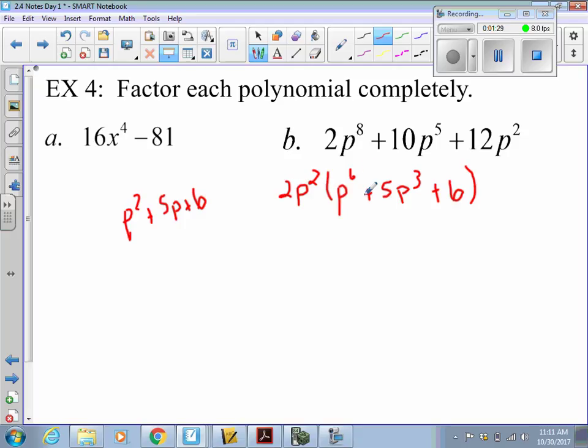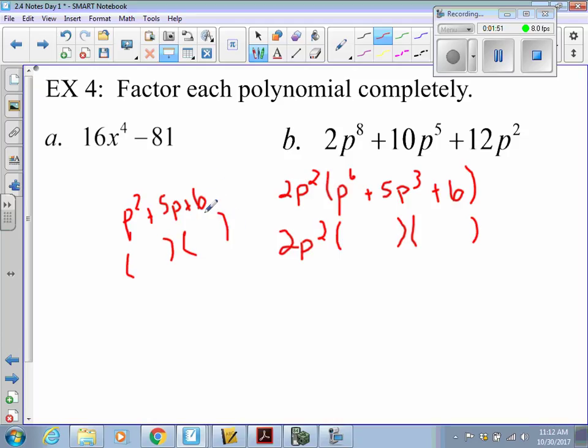Okay, so here I'm going to rewrite 2p squared because we got to keep that there. And then remember, we need 2 sets of parentheses. So we have 2 sets of parentheses here. There you go.